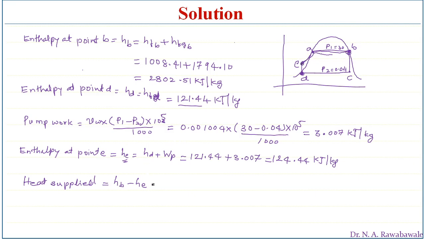The enthalpy at point B is known, that is 2802.51, minus enthalpy at point E, 124.44.